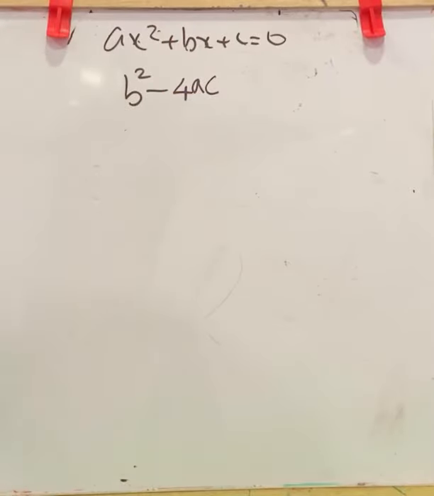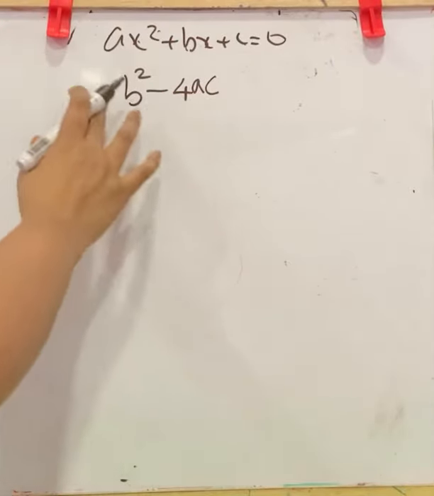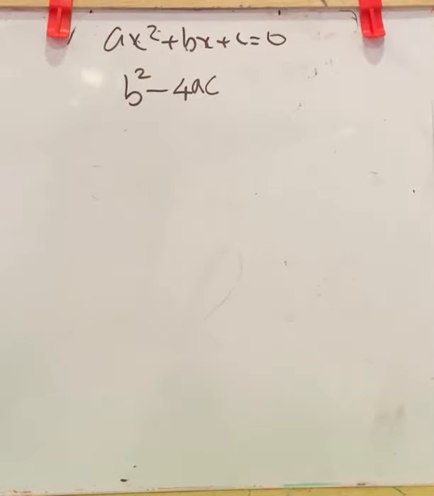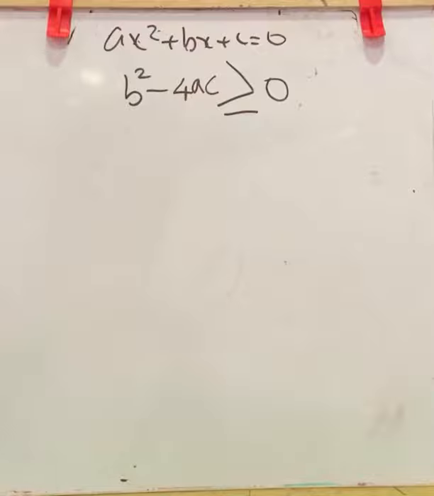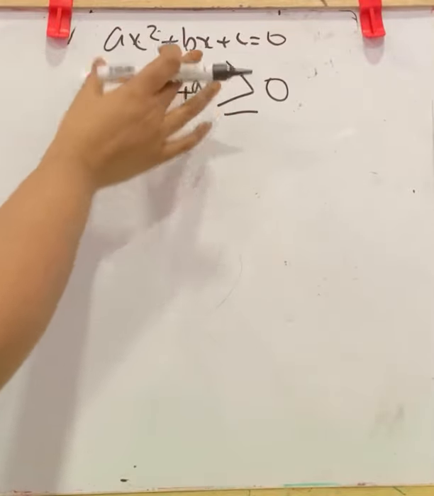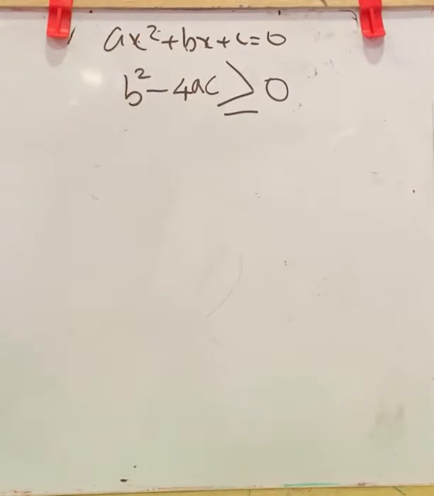If b square minus 4ac, the result is greater than or equal to 0, that is, if this value is positive or 0, we have solutions. We have a general formula for finding the roots.